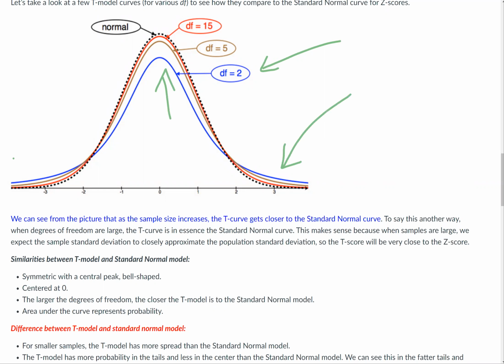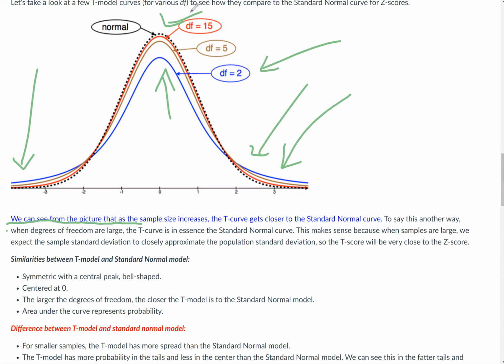But on the sides, the blue curve is actually the tallest. The larger df is, the higher up the peak is, but also the lower these portions of the curve are. They glide down to the x-axis more quickly than the blue curve. So larger degrees of freedom allow you to have a higher peak, and the curve gets closer to the x-axis faster as you go left or right.